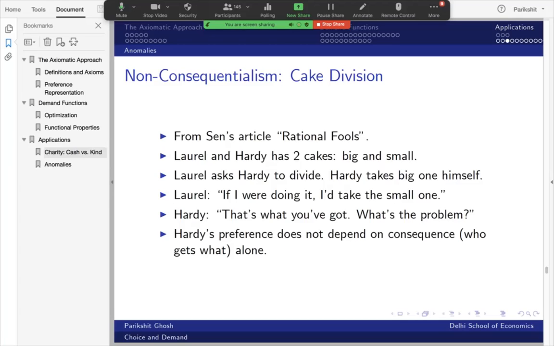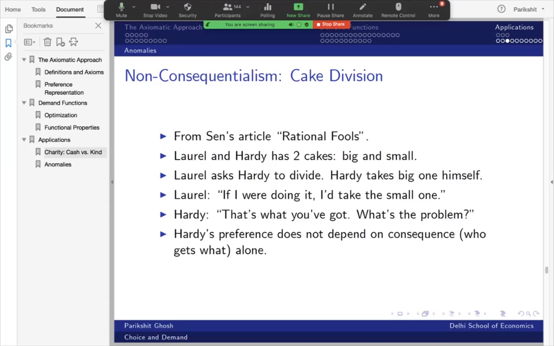So certain kinds of other-regarding preferences, some kinds of caring about others, are very easy to fit into the framework that we have studied. But only those kinds of altruism which are of the consequentialist nature, where all I care about is who gets what at the end of the day.